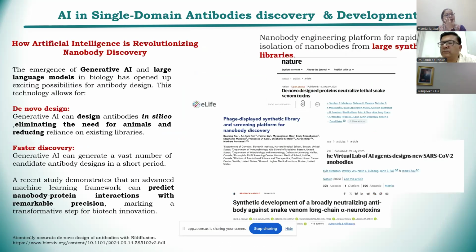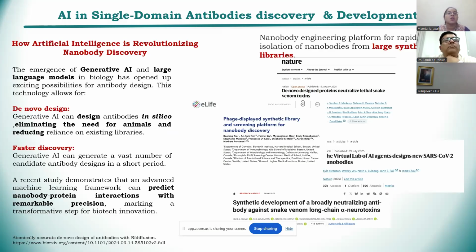Now with artificial intelligence coming so much into our daily life, it is also revolutionizing nanobody discovery. How are they doing it? By using generative AI and large language models, we can make synthetic libraries instead of immunizing the animals.